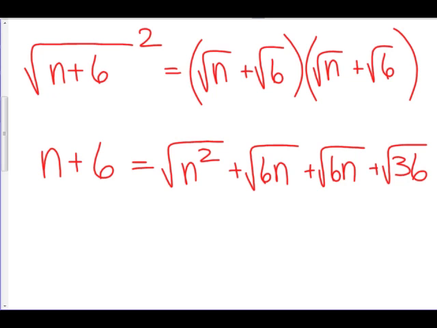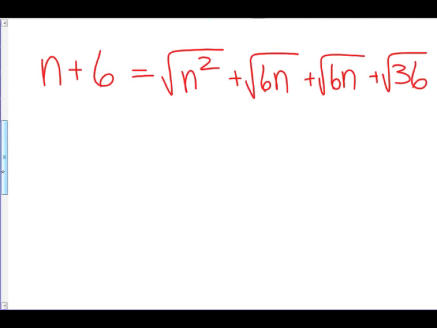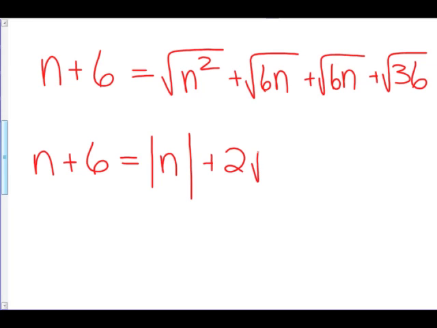We have n plus 6, and that's equal to the square root of n squared. However, the square root of n squared, that's the absolute value of n, because our index is even. Root 6n plus root 6n is 2 root 6n, and root 36 is just 6.